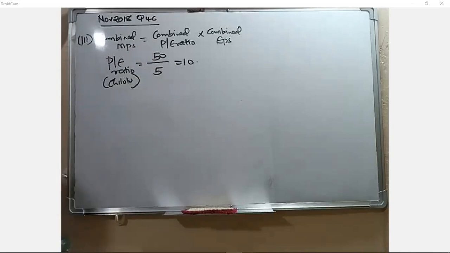Because Chilulu would be the predator. Then you ask yourself, what is our combined earning per share? We got it under requirement 2, which was 5.53.